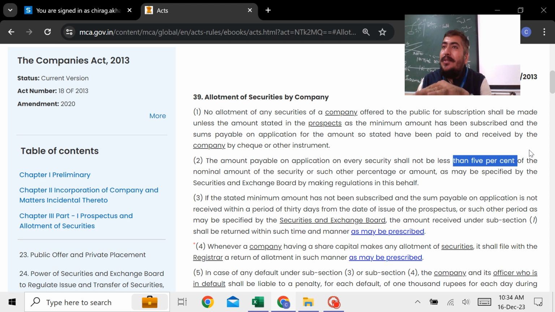So guys, now you understand: public invitation is equal to listing. So technically, Section 39 subsections 1 and 2 now have no meaning. Why? Public invitation is equal to listing. Listing means SEBI has already written 90, so what is the need for this? Yes, in future the central government may give some exemptions to certain classes of companies so that even without going to the stock exchange you can make a public invitation.